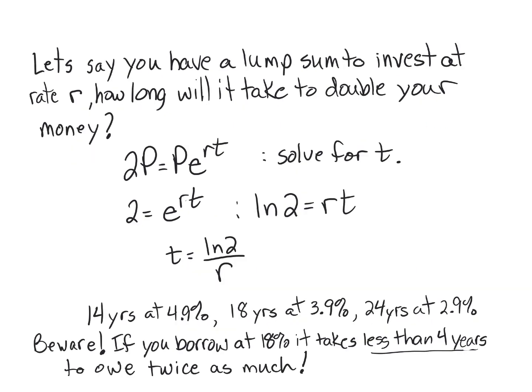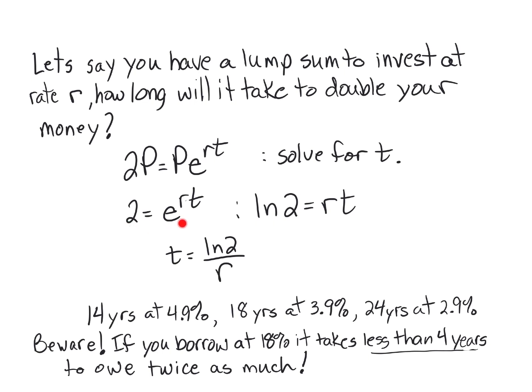Here's something cool that we can do with this. If we're given a particular percentage rate, we can figure out how long it's going to take to double our money. So let's look at the formula for future value, P e to the RT. How long will it take for me to have twice what I started with? Solve this equation for t, so we're going to divide away the P's.